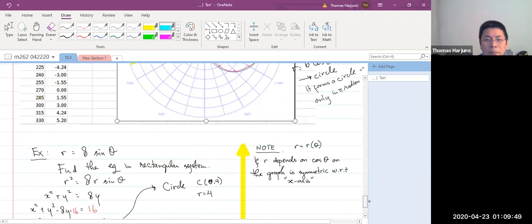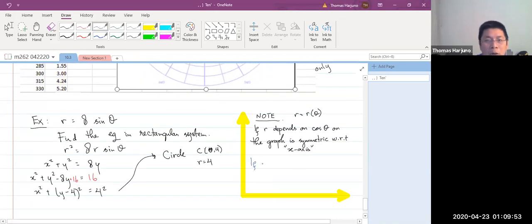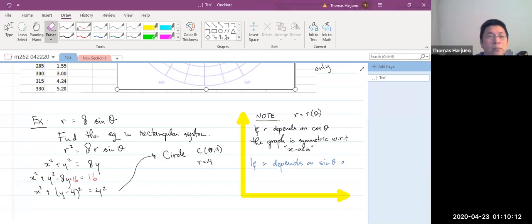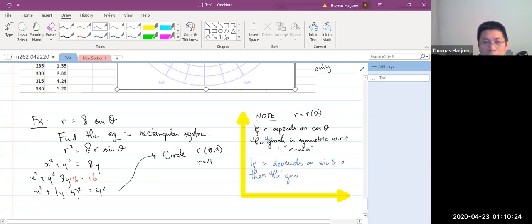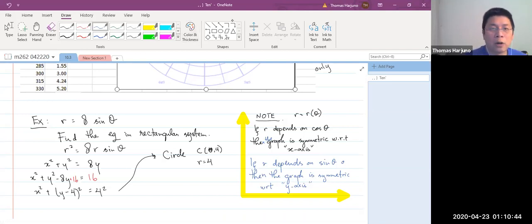Now, on the other hand, if r depends on sine theta, then the graph is symmetric with respect to the y-axis, as what you can see on our graphing paper.